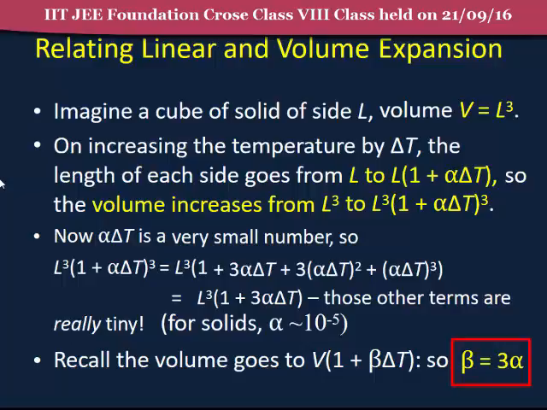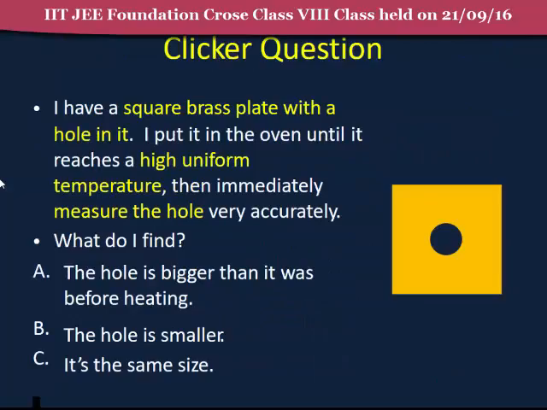So you got the alpha beta relation: beta equals 3 alpha, on approximation, ignoring the decimal figures. But when you go to instrumentation engineering, in sophisticated biomedical engineering applications, we have to consider the fractional error factor also.